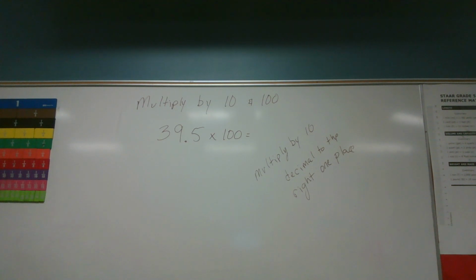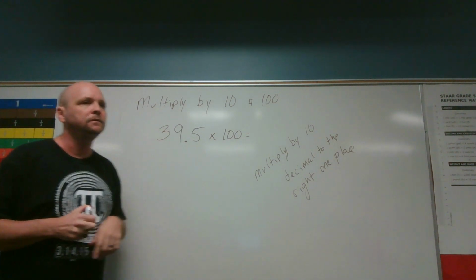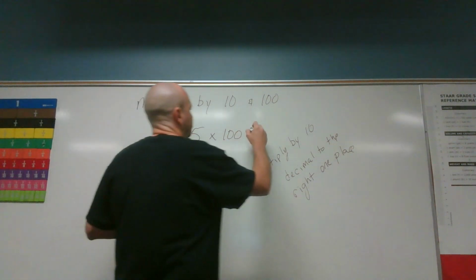Izzy, what is going to be the product of 39 and 5 tenths and 100? 3,950.